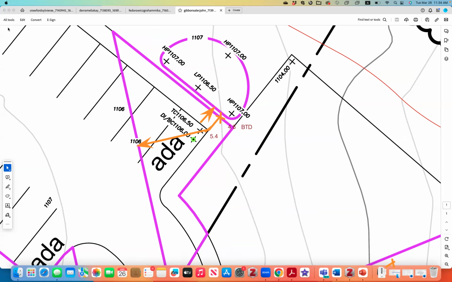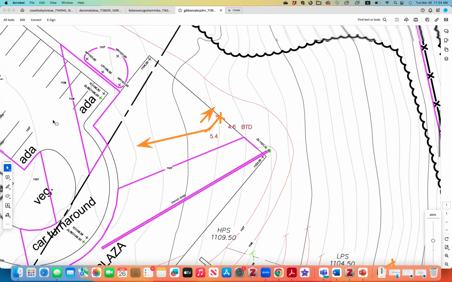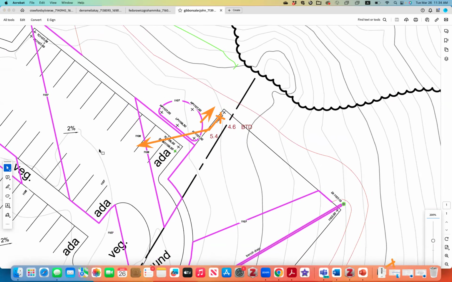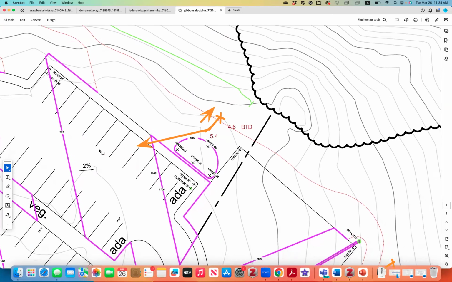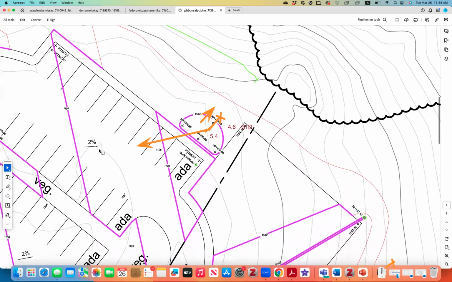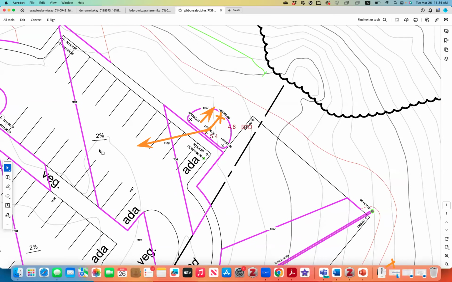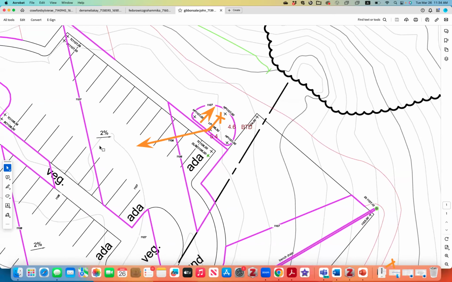We need to look at what's the surrounding contour elevation there. You have a 6 over here, so outside you have 6. That means you would have a 5 contour and a 6 contour in this area. Does that make sense?